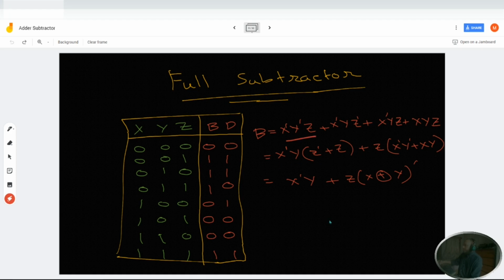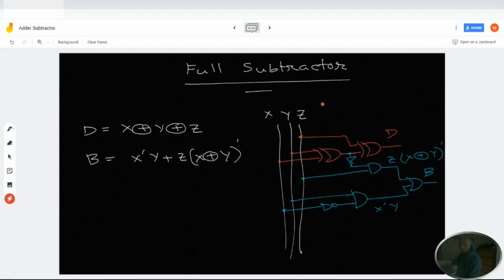And between this term and this term we have z common, so we can write z into x prime y prime plus xy. So finally we can write the expression like this: x prime y, because this will become 1, plus z into x XNOR y, because this means x XNOR y.